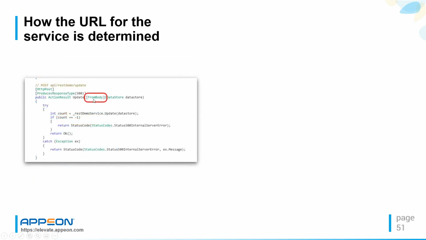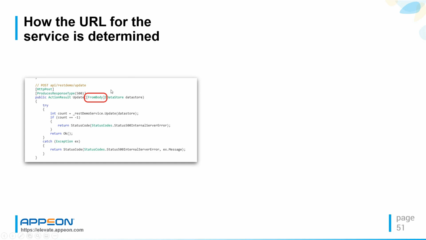Now, you may have noticed this earlier when I was showing you the update method. There's also this declaration here that says FromBody. That's not actually necessary to make the C# code work. It will still work either way. What it's going to primarily help us with is later, when we talk about NuGet and how we can add a utility called Swagger to the application. What Swagger does is help you document your REST APIs.